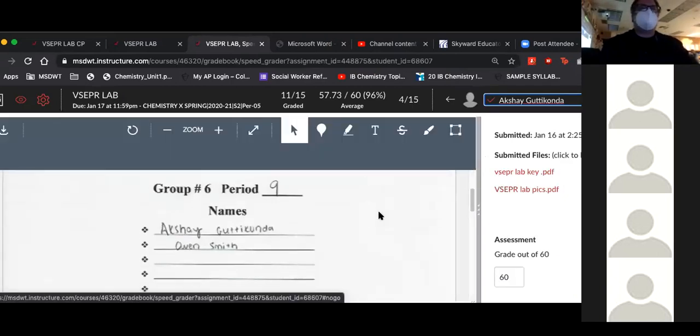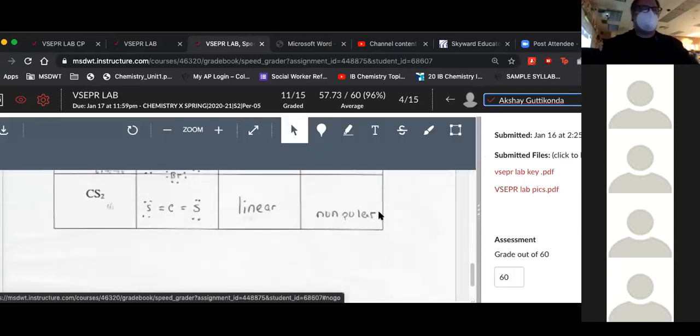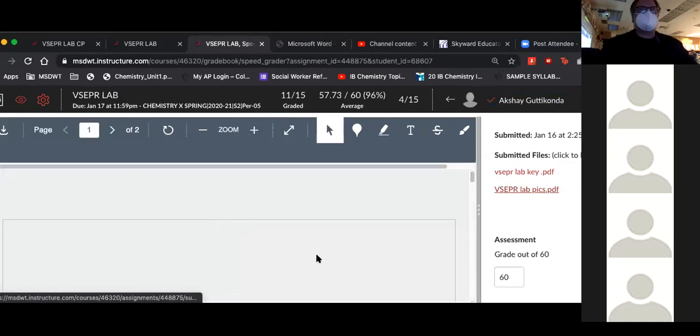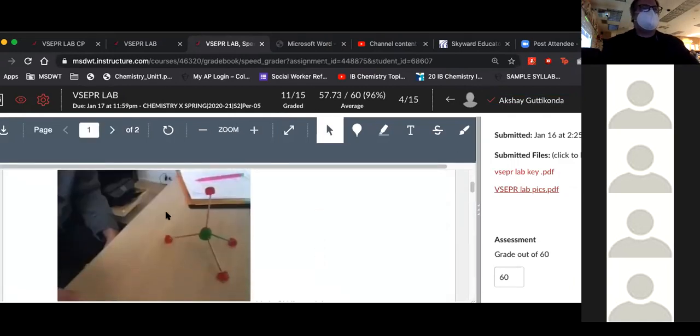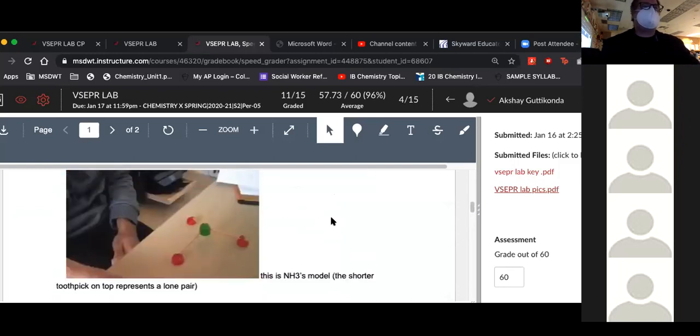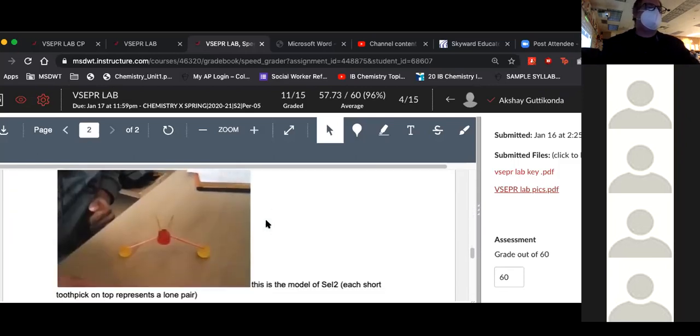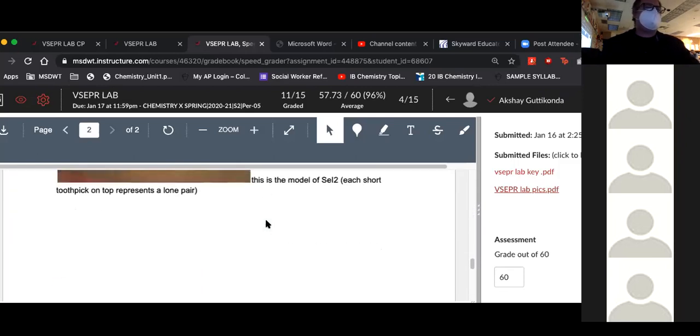So basically, you have the key filled out with all that information. And then you have a second file with the pics. So there's his pic. He used gumdrops or gummy guys. There's his pic. Notice he used a stick for the lone pair. Right? So that's the idea.